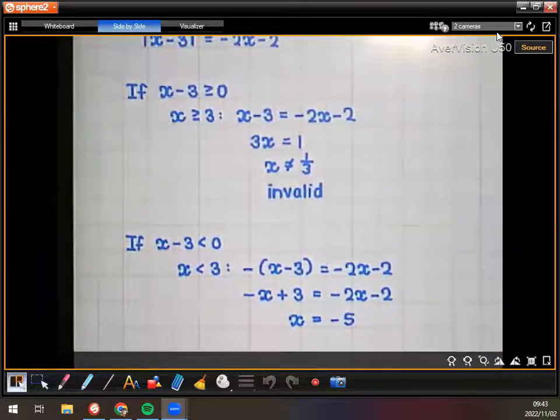The last question is an absolute value equation, but I can't remember the number. It might just have numbers. All right, do we have our answers?